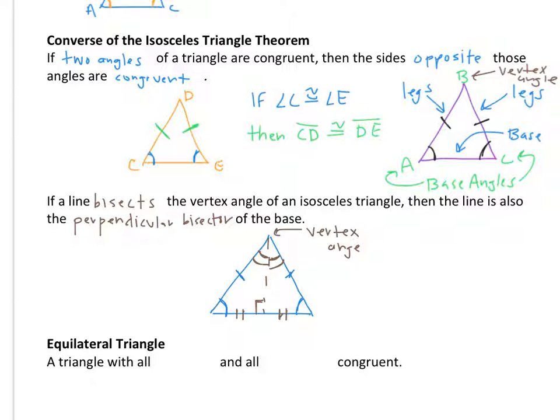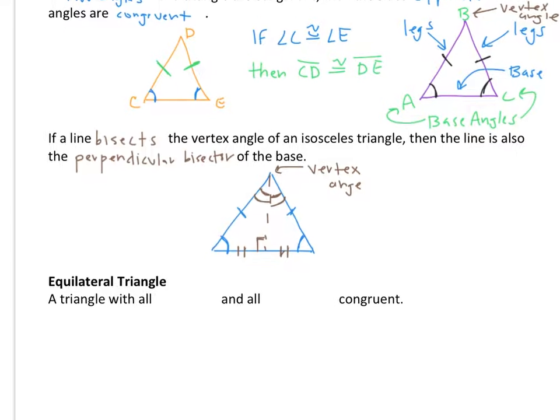So a lot going on in that picture. We have our vertex angle at the top that is bisected, creating these two congruent angles. Where it bisects the base, it also creates two congruent pieces, and where it intersects is a right angle.